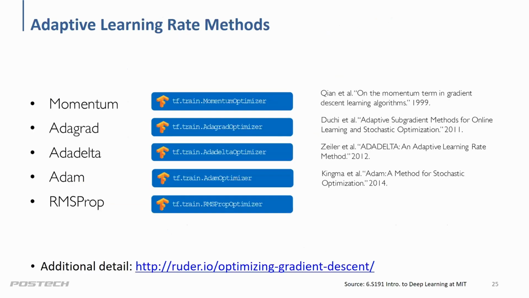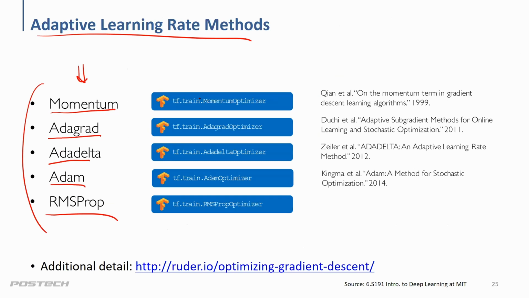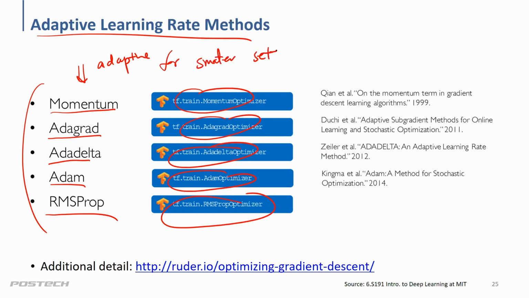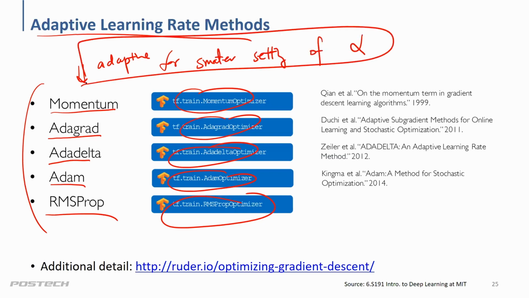So this will be the last one. There are many different ways: momentum, AdaGrad, Adam, RMSProp, whatever, and these are implemented. All of them are adaptive, for smarter setting of alphas. That's all you need to know.